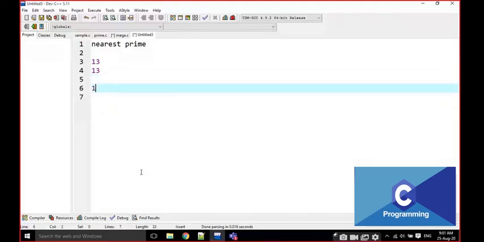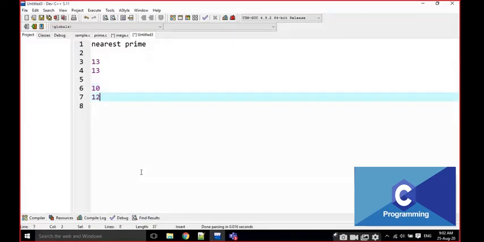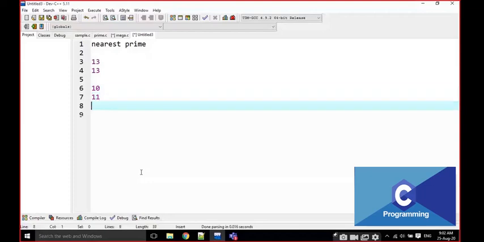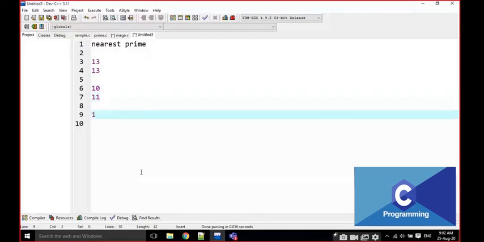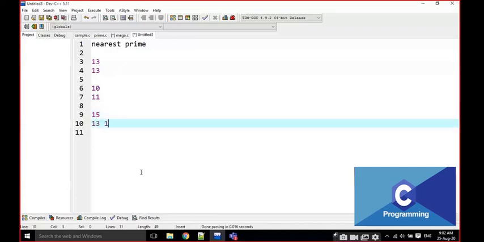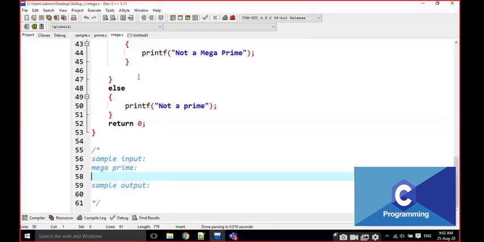If the number is not prime, we have to give the output as the nearest prime. If there is only one nearest prime, we have to print that number. If it has two nearest primes, then we have to print both. This is the program. Okay, I think I'm going to wait in the group.